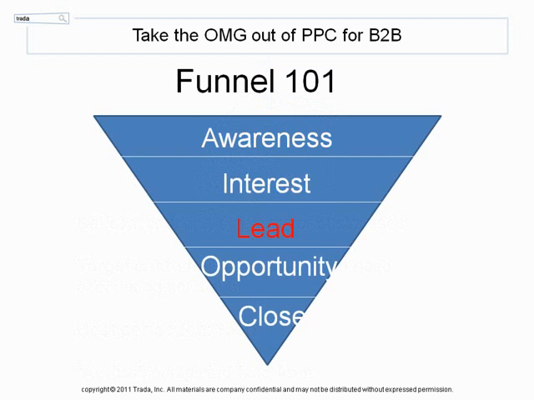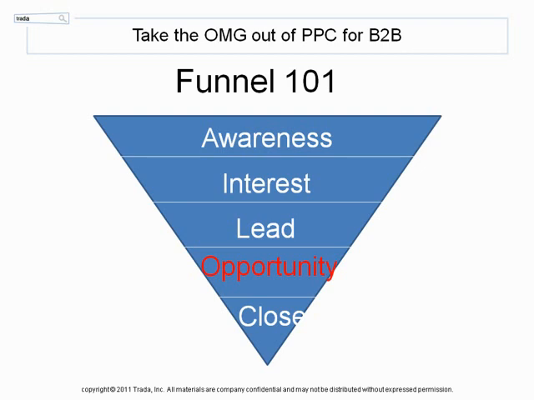Someone who is at the lead portion of the funnel might say something like, I want to learn more about cake books as a solution for my business. I'm kind of comparing prices. At the opportunity spot, someone's saying, I qualify. I can afford it. I can afford cake books, and I'm really thinking about buying. And then at the close section of the funnel, this person is saying, I chose it. I chose cake books as the solution for my business.